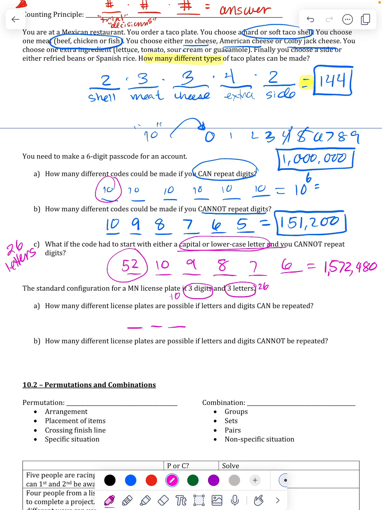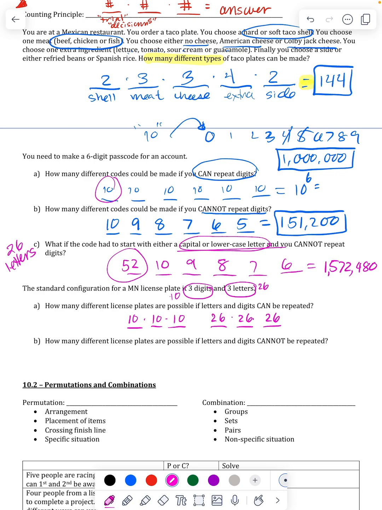So I have 3 digits followed by 3 letters. So here, if I can repeat, I have 10 options each time. And if I can repeat letters, I have 26 options each time.